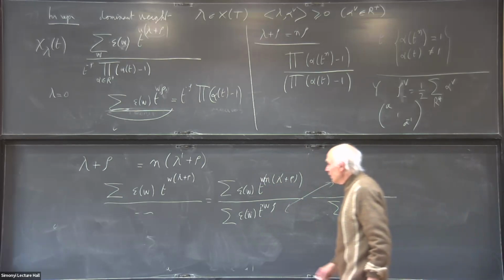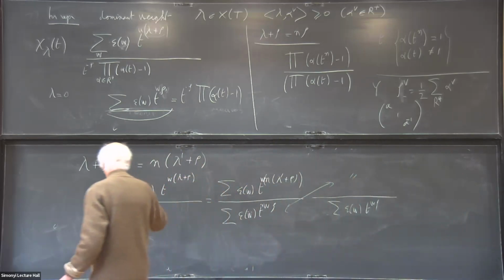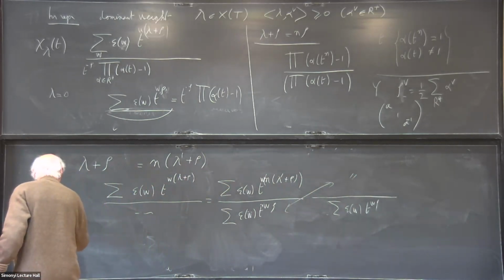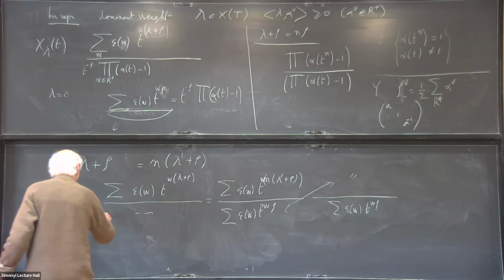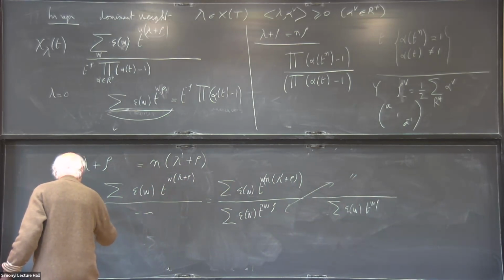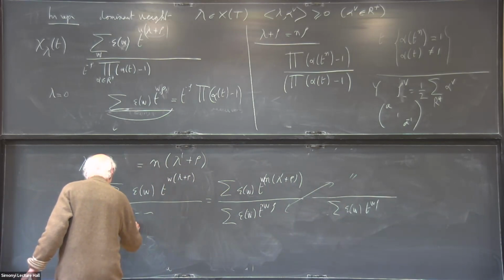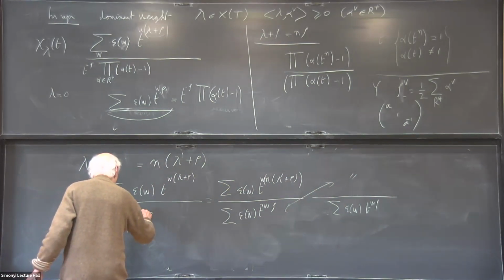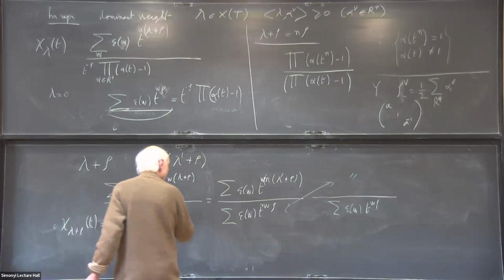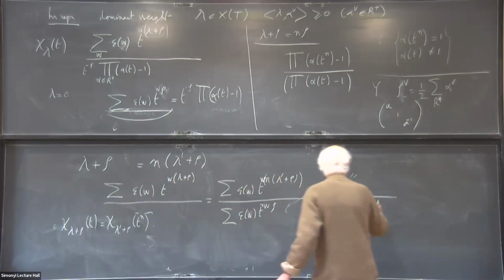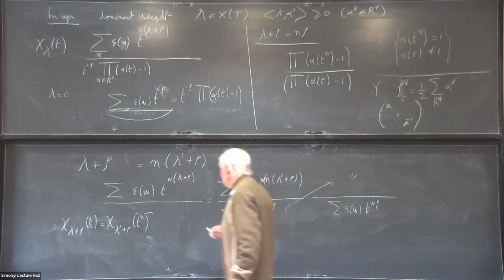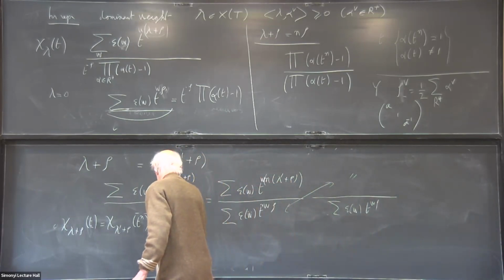So what this formula tells us, except something invertible, is that the character of lambda plus rho applied to t will be the character of lambda prime plus rho applied to t n times the character for n rho, n minus 1.